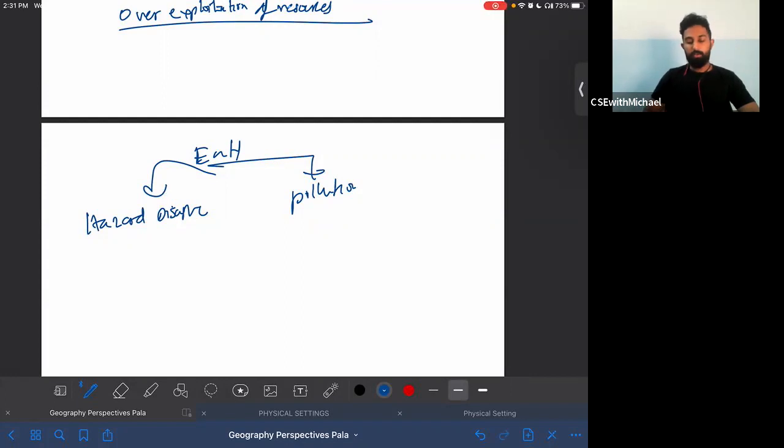Environmental management is difficult to define due to complexities associated with the two terms, environment and management.